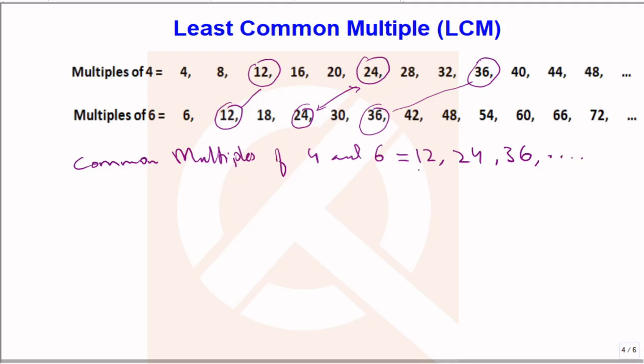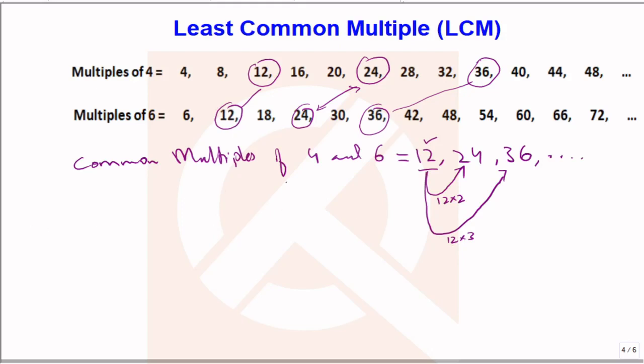If we look carefully, we can see that 12 is the first common multiple, and the other numbers are the multiples of 12. This is 12 times 2 is 24. Similarly, the other number is 12 times 3. So it means that if we find the first common multiple, the other common multiples must be the multiples of the starting common multiple.